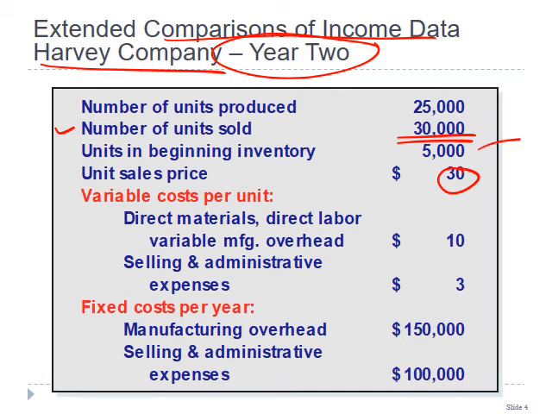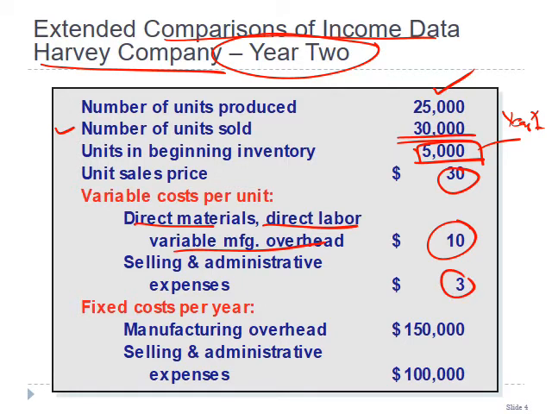Beginning inventory, which is the ending inventory of year 1, so that figure came from there, 5,000. This year they produced 25,000 units. The same segregation: 10 is a variable cost, which will include direct material, direct labor, variable manufacturing overhead, and variable selling expenses 3 per unit. Fixed expenses are here, right? So let's move further and try to see what happened now.